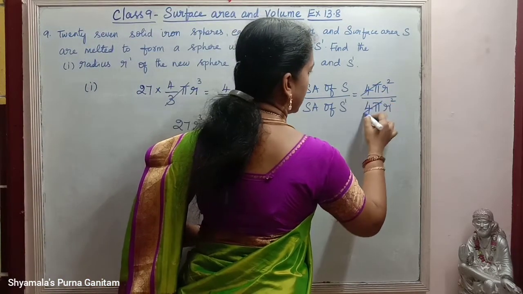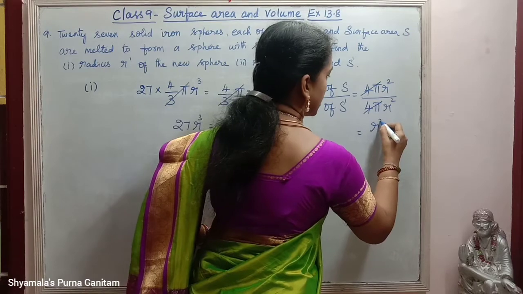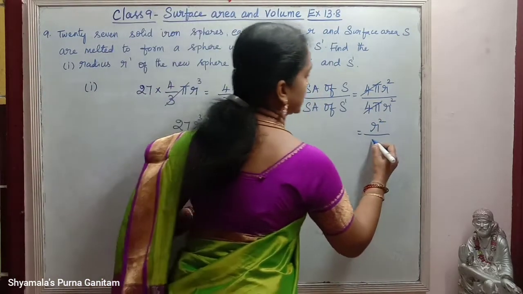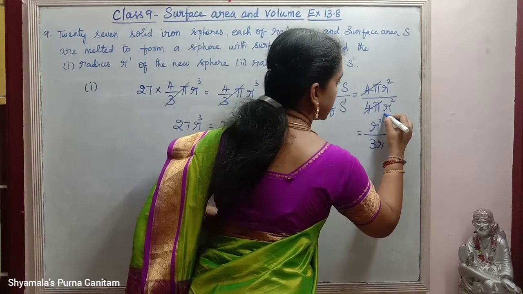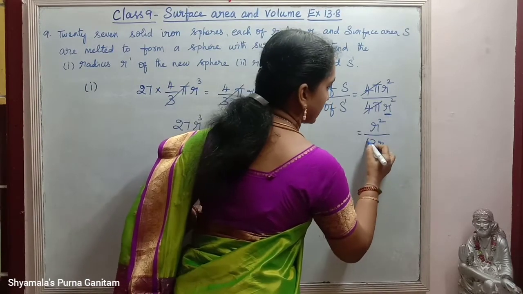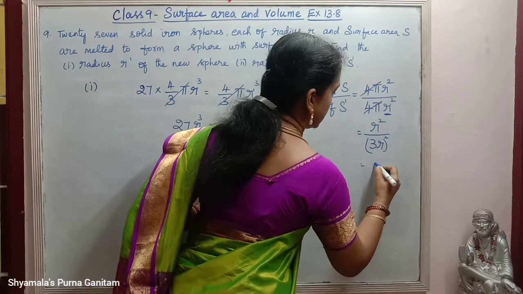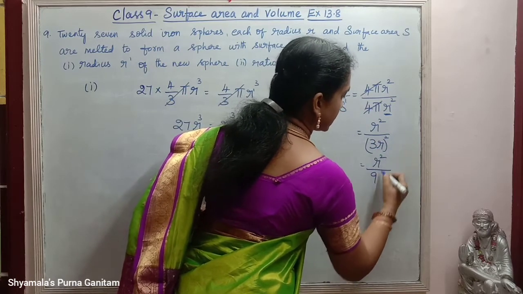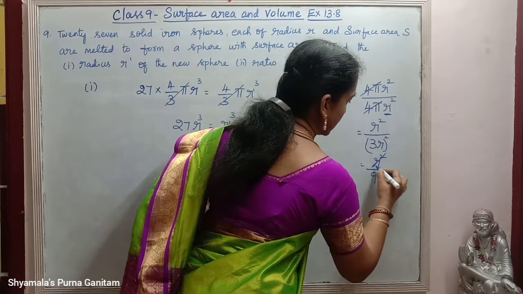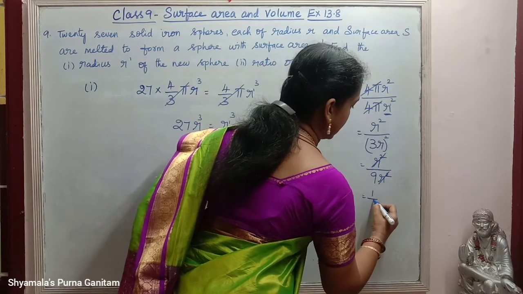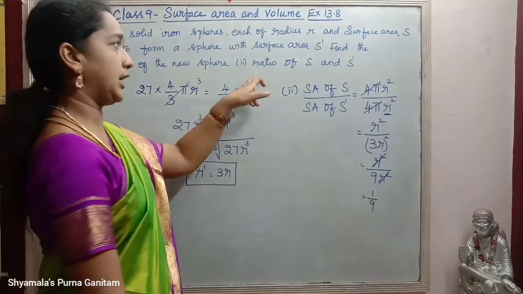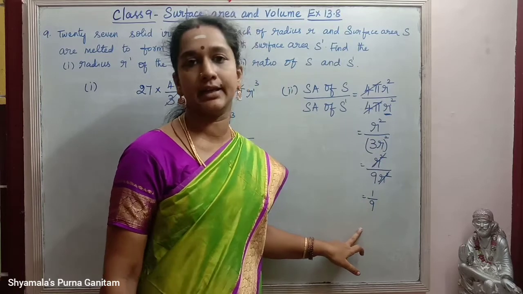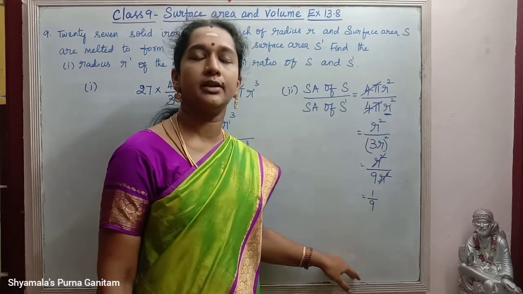So 4 pi and 4 pi will get cancelled. So r square divided by 3r the whole square, substituting 3r for R dash. So this is equal to r squared by 3 squared, which is 9, r squared. So r squared and r squared get cancelled and we get 1 by 9. So the ratio of the surface areas S and S dash is 1 by 9, that is 1 is to 9.